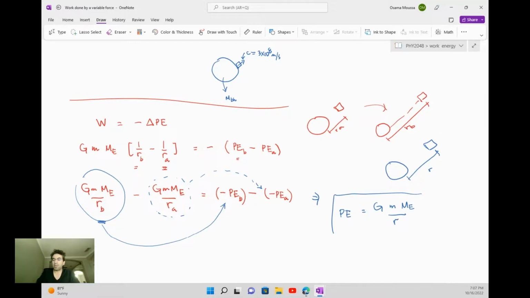That's a general statement about the potential energy stored in a configuration of two objects that are separated by a distance r. This here is the most general statement about the gravitational potential energy. Sorry, with a negative sign here. The negative sign is critical.